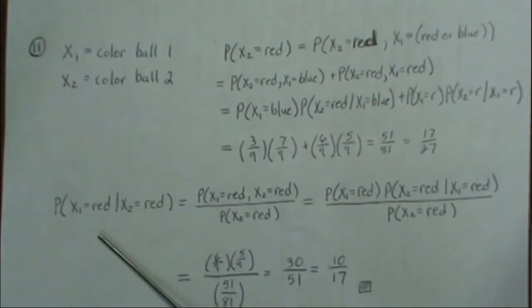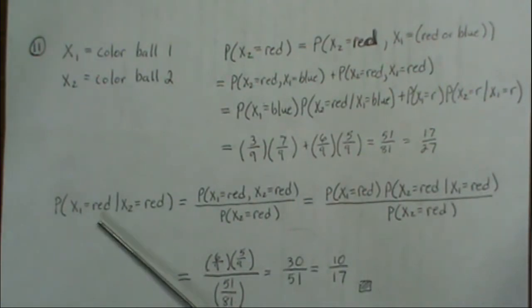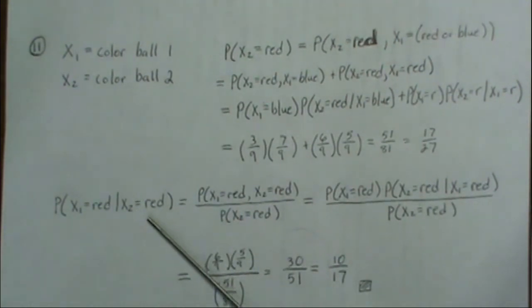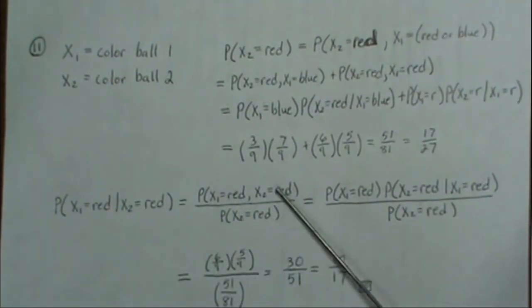So now the question of interest is the probability that the first ball is red, given that the second ball is red. This conditional can be written as the probability that x1 is red and x2 is red over the probability that x2 is red.